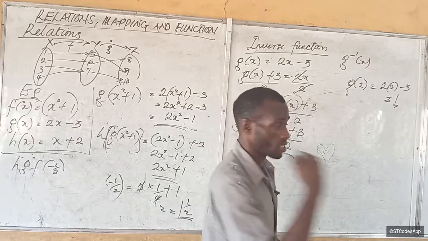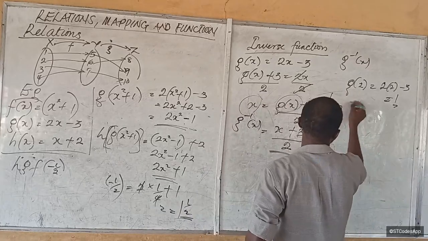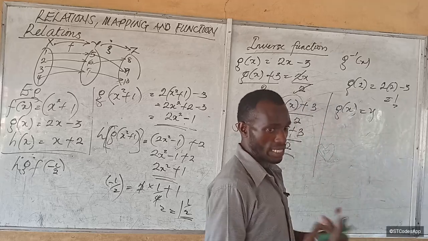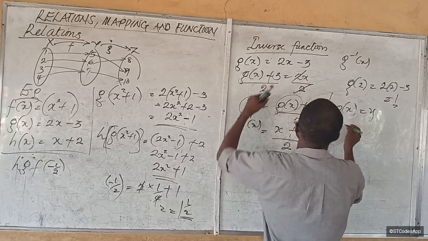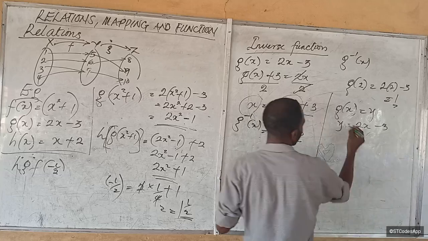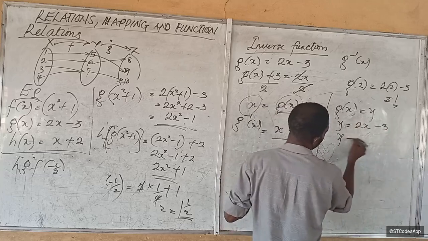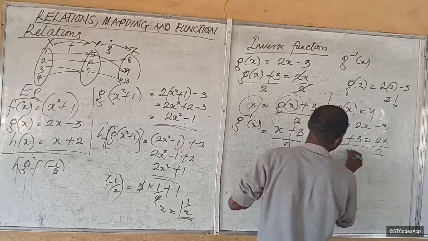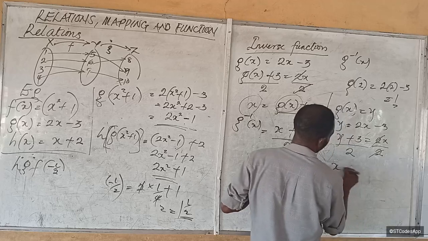So another way to do it is this. You can make that g of x become y, for example, a single letter that you can reckon with. So y will become 2x minus 3. The same idea, you bring this guy here, becomes y plus 3 is equal to what? 2x. Then you now divide both sides by 2. So x will now equal to what?